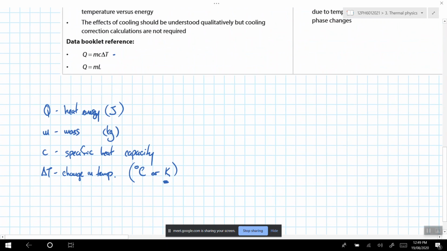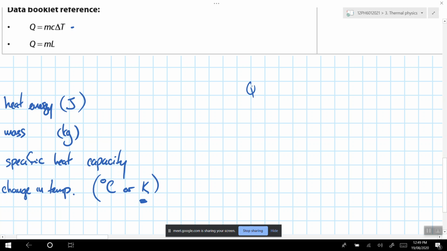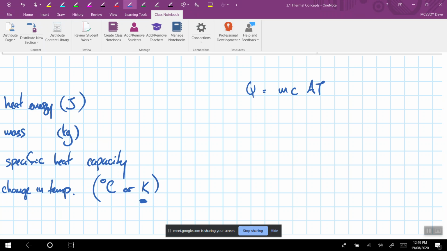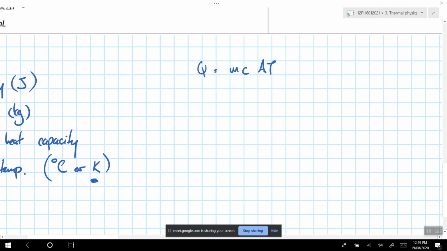So if we write out our equation, and directly underneath, I'm going to put in the units for the things that I know. So Q, so heat energy, joules. That was kilograms. C, we don't know, so I'm just going to leave it as C. And I'm going to put in our change in temperature as Kelvin because I like Kelvins better.